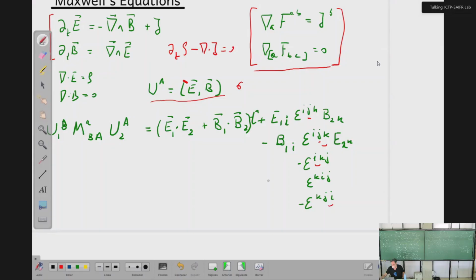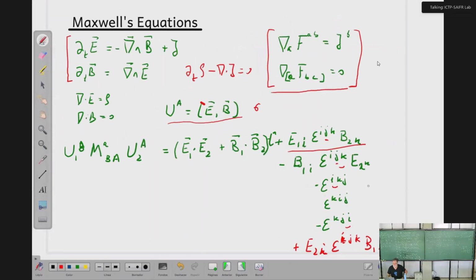So this sign with this gives me plus, and you get here, I'll write it the other way around, E2 of K epsilon K J I B1 of I. And this is the same as that, because we can substitute this index by I and this index by K, and rename the indices. And so we see that we have a plus sign here, so this is symmetric. So Maxwell's equation is symmetric.